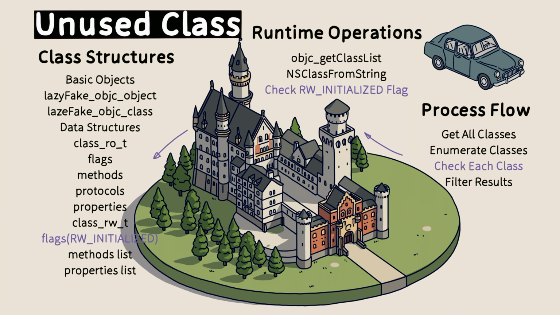Let me introduce a solution that can help identify which classes are not being used during runtime. The process involves checking all classes when the app goes to the background and determining which ones have been initialized.